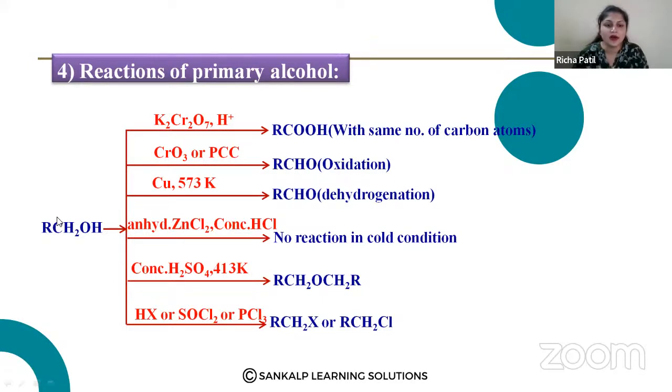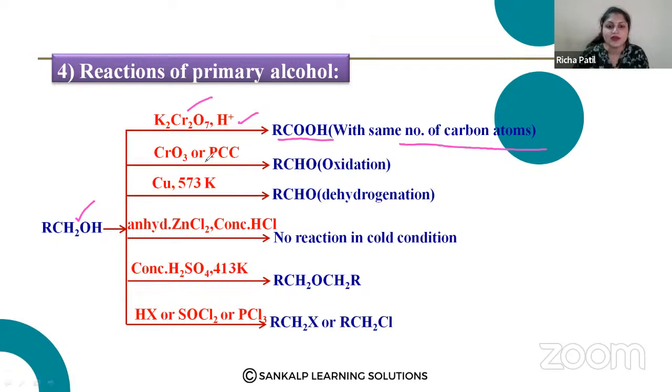If a primary alcohol is treated with K2Cr2O7, potassium dichromate, in the presence of H plus ions, you yield carboxylic acid. The carboxylic acid formed will have the same number of carbon atoms.